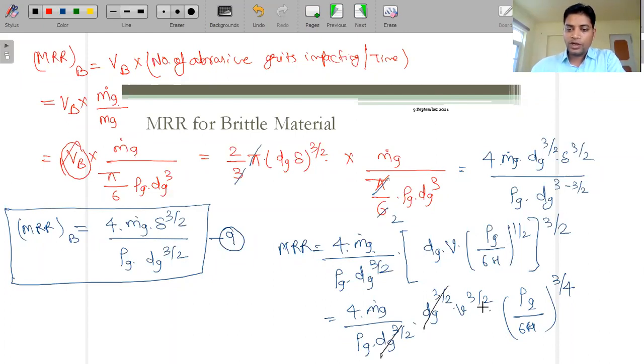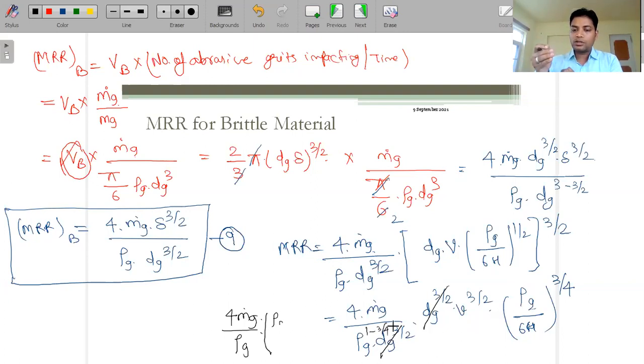Now I'm simply writing this as v square. So this equation will be 4 into m dot g upon rho g, sorry guys, here also rho g is there, and this power is 3 by 4, so 1 minus 3 by 4.